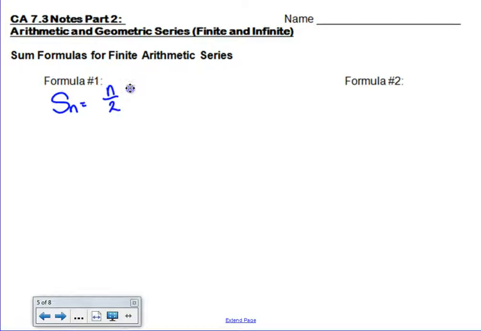If you know the number of terms, it's n over 2 times 2 times the first term, or double the first term, plus n minus 1 quantity times the common difference. So basically, if you have your common difference, your first term, and the number of terms, that's when you use that formula.